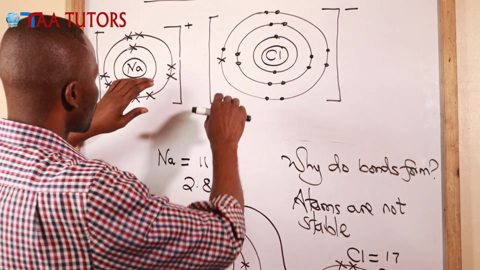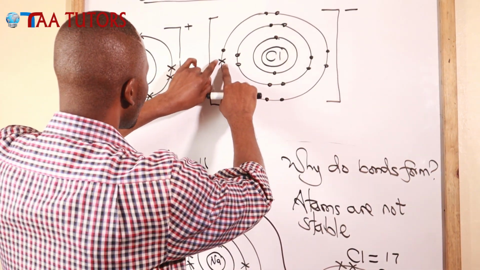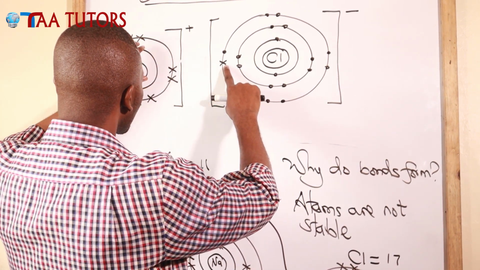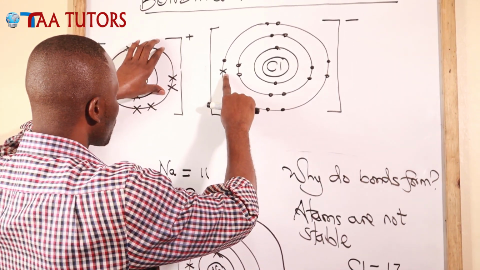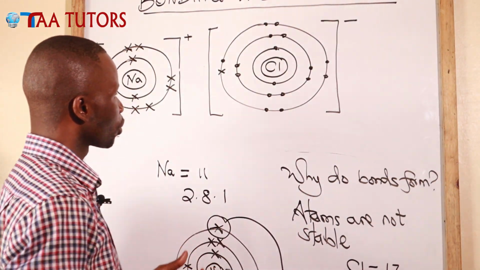So you can see that the electron that we have indicated in this particular chloride ion here is a cross. This cross shows that it is an electron that came from sodium. The other electrons were electrons that belong to chlorine.